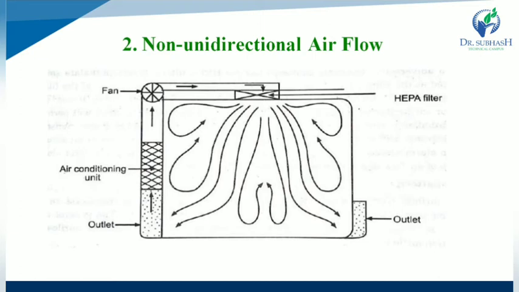The filtered inlet air mixes with and dilutes the contaminated air within the room, and conventional airflow is defined in terms of number of air changes per hour, which is less than 20 air changes per hour. That is the conventional airflow.